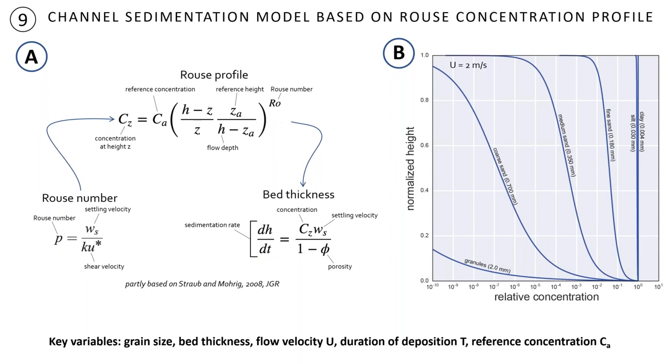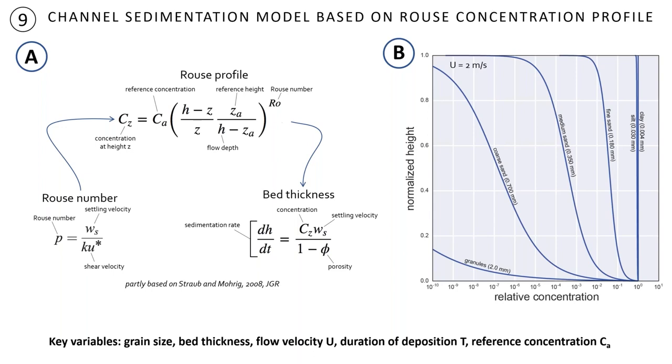So the channel sedimentation was based on the Rouse model concentration profile. This concentration uses grain sizes, but enters through the idea of the Rouse number that has the settling velocity in it. So that's how we use grain size in that case. The sediment levee is a function of how high the plume can get.